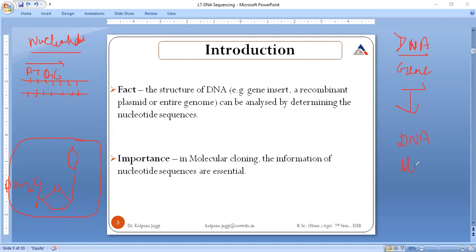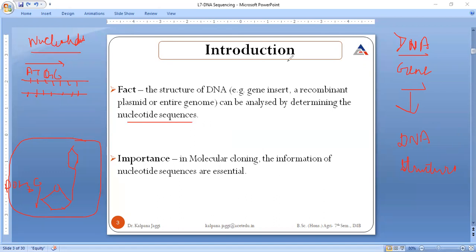Today we are going to learn how DNA structure can be recognized, and for that I again put focus on needing to know the nucleotide sequence.